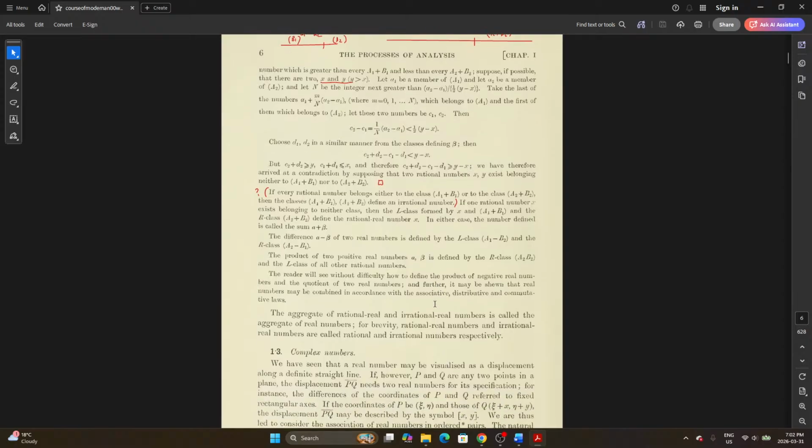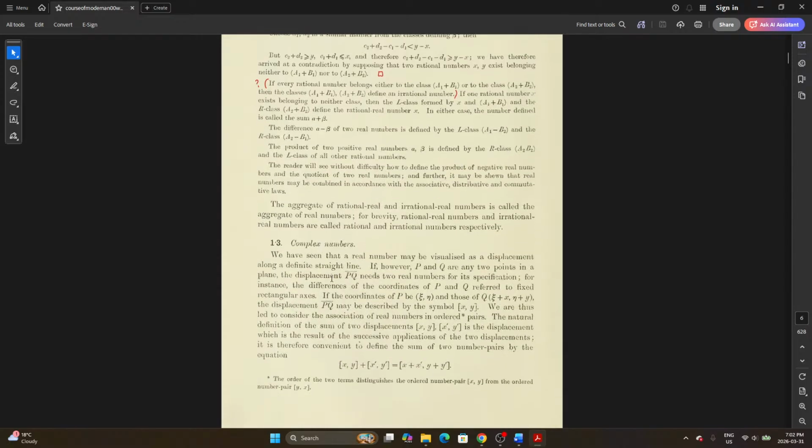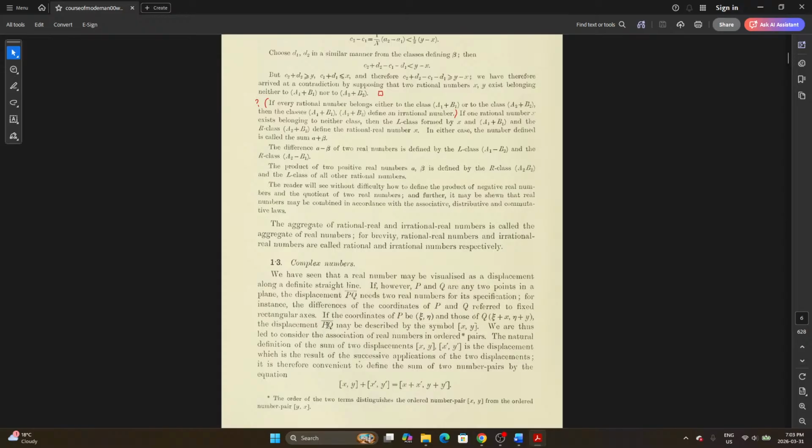I know it's tempting to jump into the later section, and this is actually the tendency of most analysis courses, just to state the axioms of the real numbers and then see what these axioms imply, which is not a problem in itself. But the whole point of Dedekind's cut is to show that these axioms aren't self-contradictory, because at the end of the day, you can give any axioms you want.